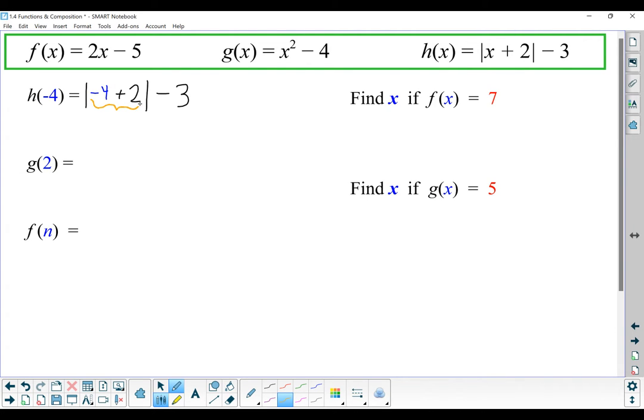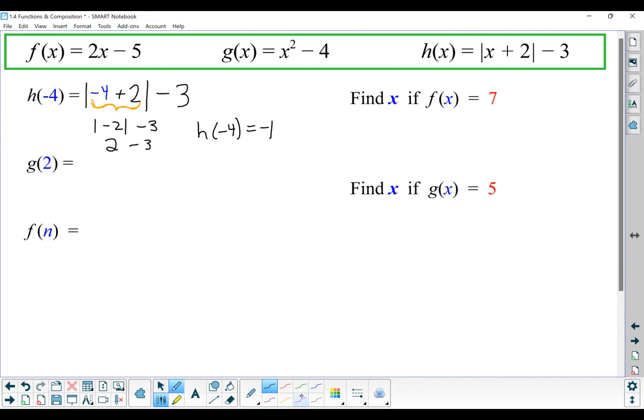So we need to figure out what this number is inside. So that's a negative 2. So this is the absolute value of negative 2, subtract 3. Absolute value makes it positive 2, so this is 2 minus 3. So then our answer is h of negative 4 is negative 1. 2 minus 3 is negative 1.